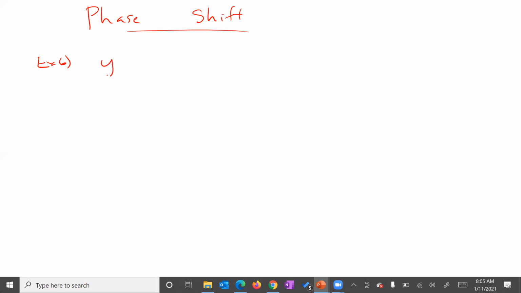I'm going to graph. Can we graph this? Y is equal to cosine, and we're just going to specifically deal with just the phase shift only. Okay, so the easy one, just to get us started here.